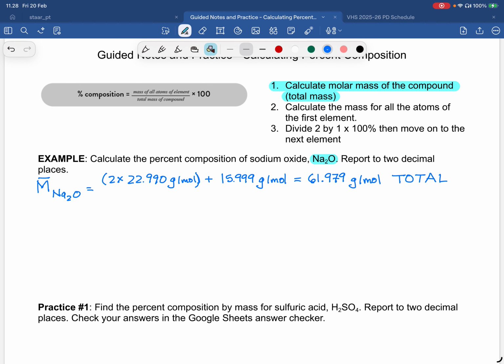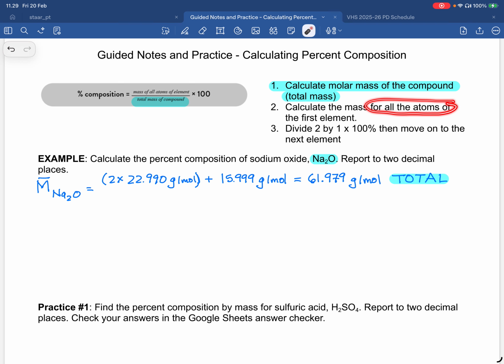All right? So just to make that point, okay, my total mass of the compound is the same as that total mass.